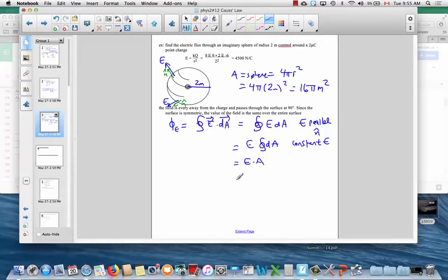This is the sort of process that we mean. Now we can put in the values here, and we get a value for the flux of about 226,000 newton meters squared per coulomb. So that's the flux through this imaginary 2-meter radius sphere.